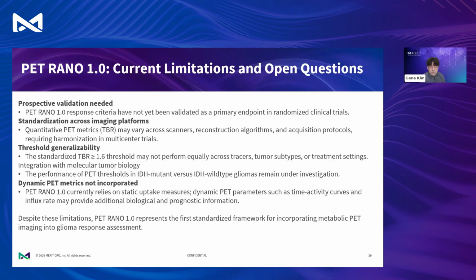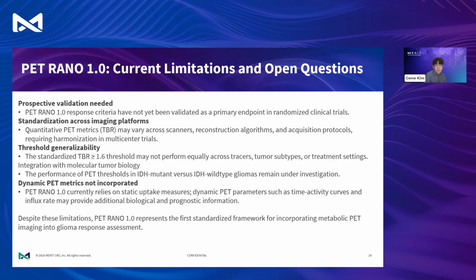Also, the 1.6 times background threshold may not perform equally across all tracers, tumor subtypes, or treatment contexts, particularly in IDH-mutant versus IDH wild-type gliomas, which remains an area of active investigation. And finally, PET RANO 1.0 uses static uptake measures only. Dynamic parameters such as time activity curves are not incorporated, despite evidence suggesting they may provide additional prognostic information.